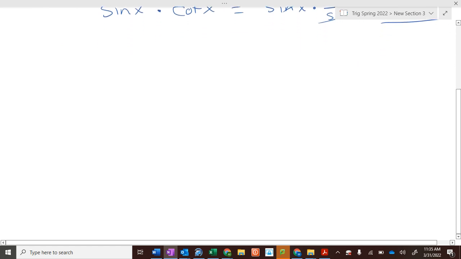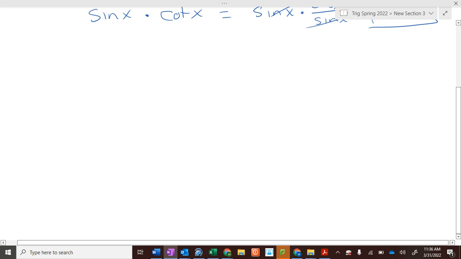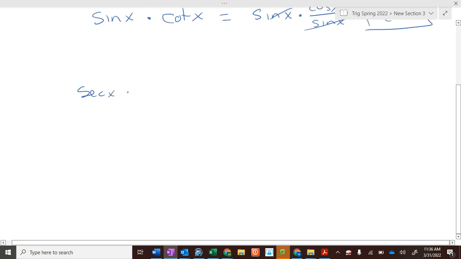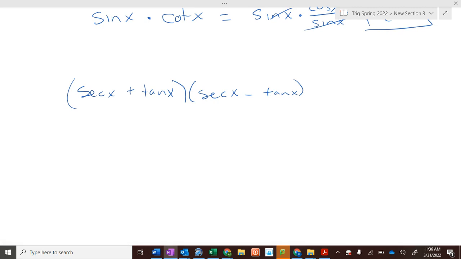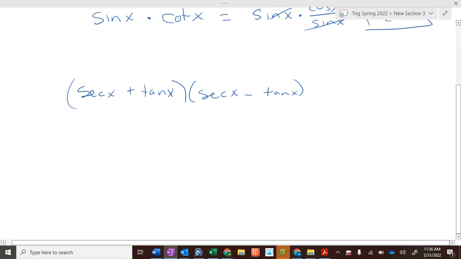Now, let's say we have something like secant of x plus tangent of x times secant of x minus tangent of x. When you have the exact same things in each set of parentheses and they're separated by opposite signs, what do you call them from Algebra 2? One of those magic Algebra 2 words. It starts with a C. Yes!